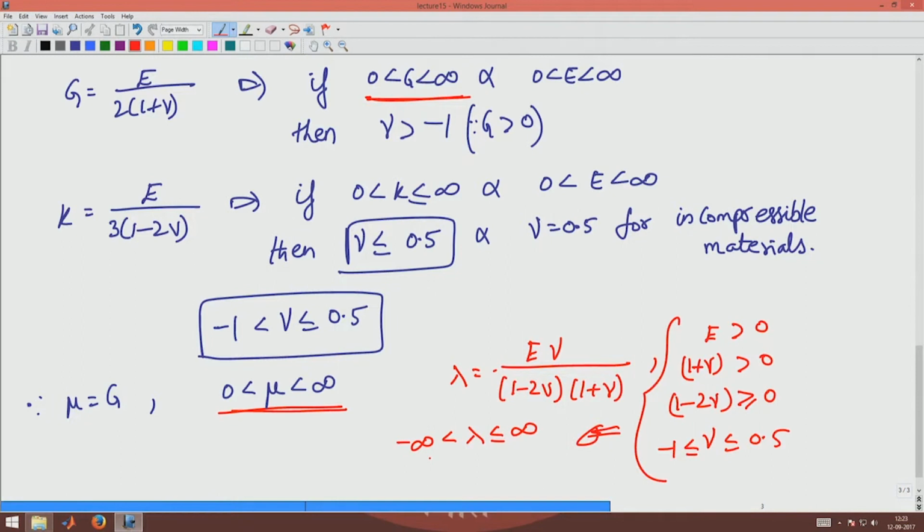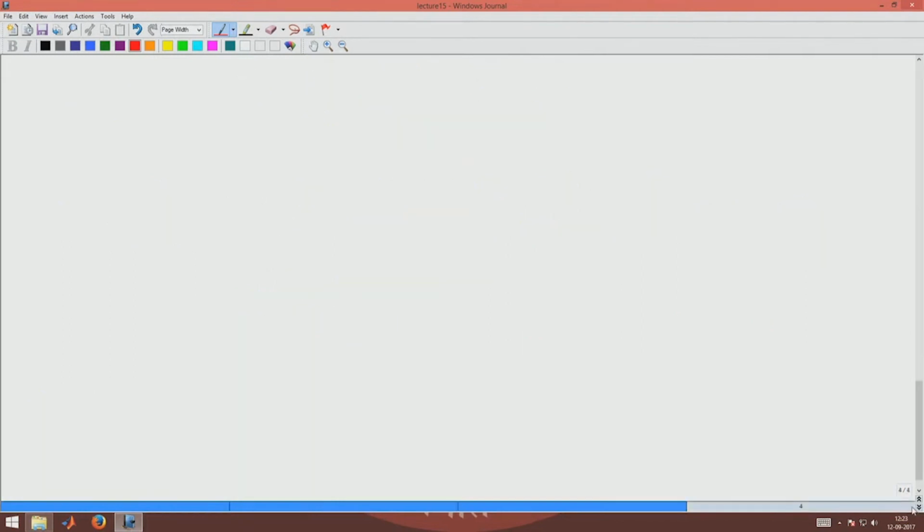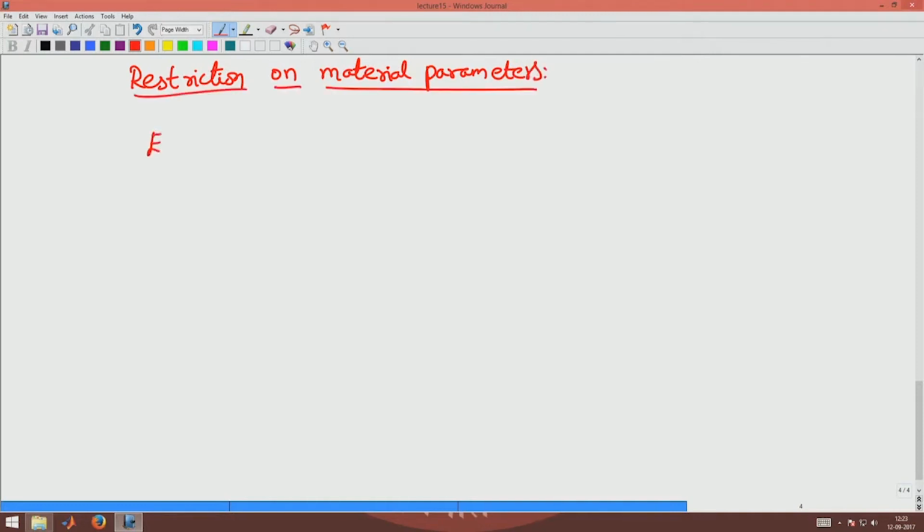Okay. So, to summarize, we have seen that the following are the restrictions on material parameters. E varies between 0 less than E less than infinity, G varies between 0 less than G less than infinity, bulk modulus varies between 0 less than K less than infinity.